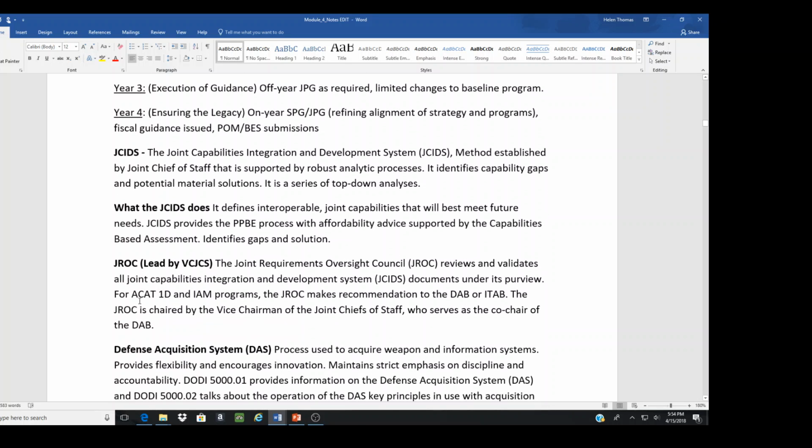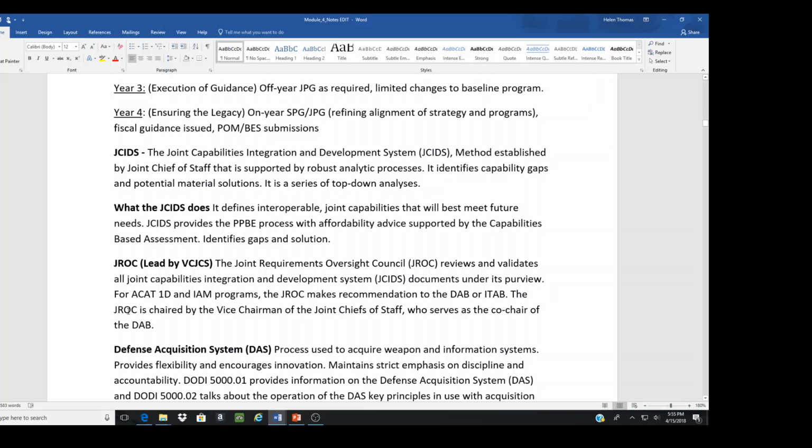And also for acquisition category 1D, which is your general DoD level acquisition programs and information assurance programs, major automation systems programs, the JROC makes recommendations to the Defense Acquisition Board or Information Technology Acquisition Board. The JROC is chaired by the Vice Chairman of the Joint Chiefs of Staff, and that Vice Chairman, this guy, is also a co-chair on the Defense Acquisition Board.